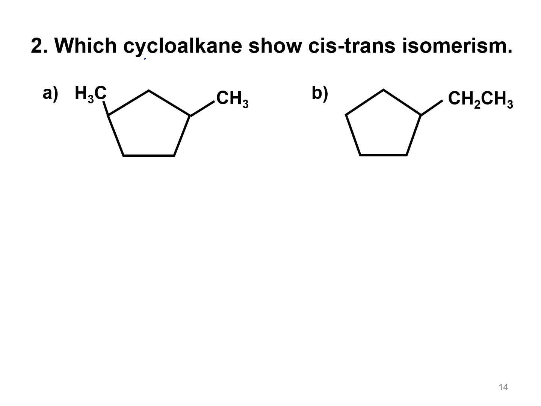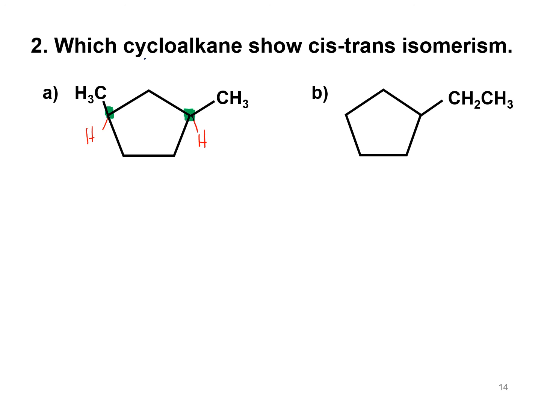Question 2. Which cycloalkane shows cis-trans isomerism? Okay, for part A, there should be a H here and H here. And we check that on this carbon of restricted rotation, there are two different atoms.